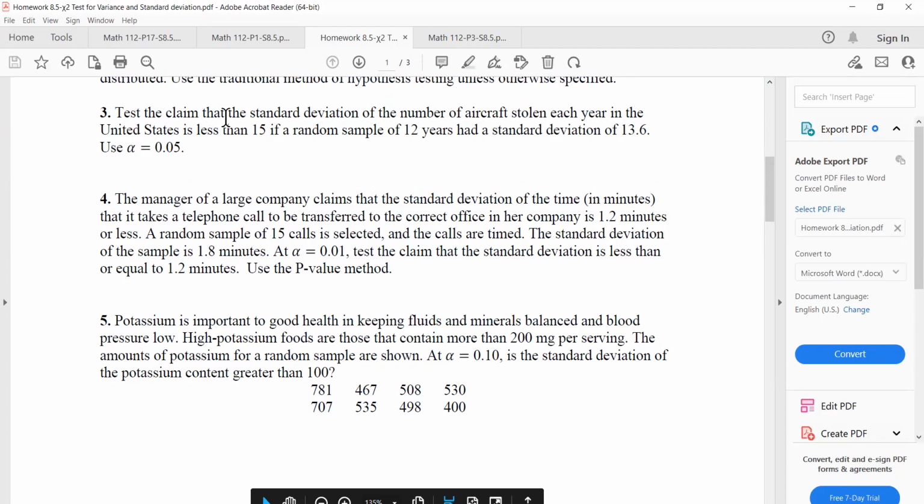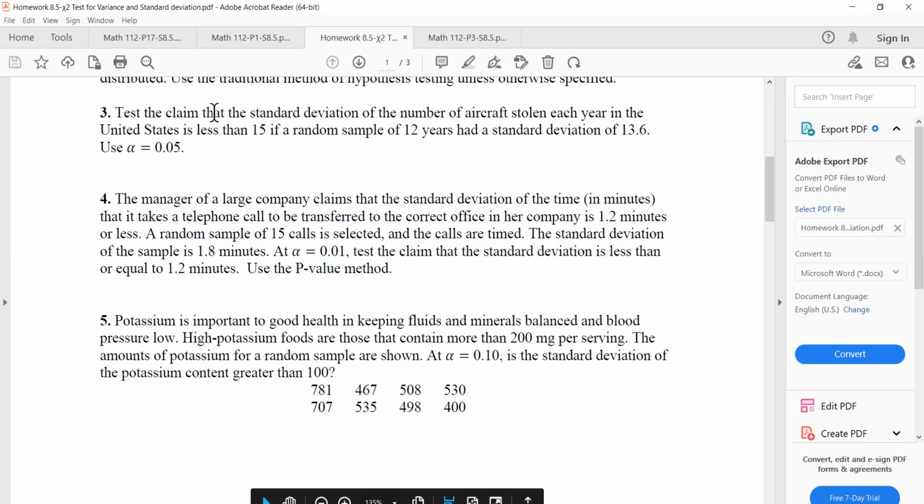If a random sample of 12 years, N is 12, had a standard deviation of 13.6, and use alpha equals 0.05. So let me show you how this works.